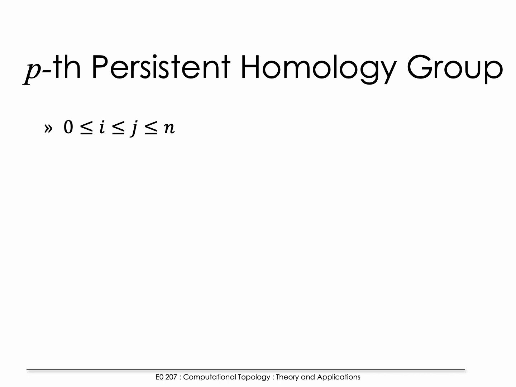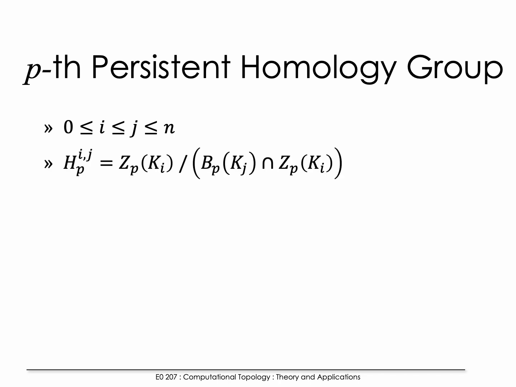If you are given a pair ij where i is less than or equal to j, the pth persistent homology group for the pair ij can be recognized as all those cycles that were in K_i, that remain cycles when you go up to K_j.